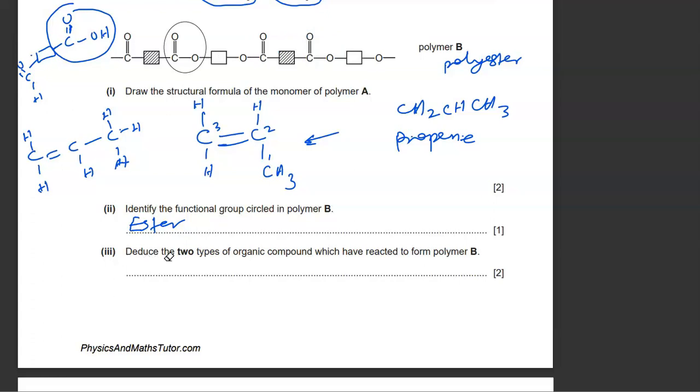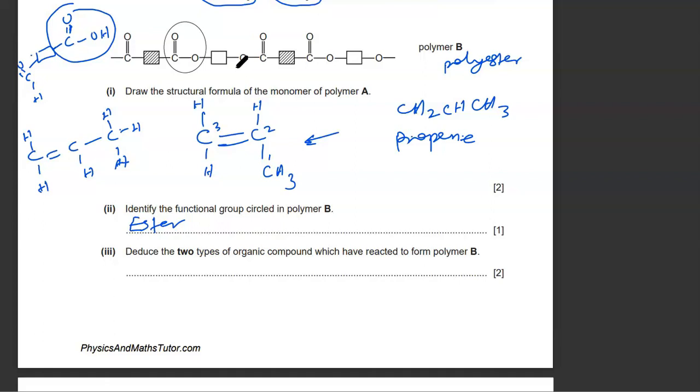So deduce the two types of organic compound which have reacted to form polymer B. So what do you need to do? You need to identify the repeating unit.